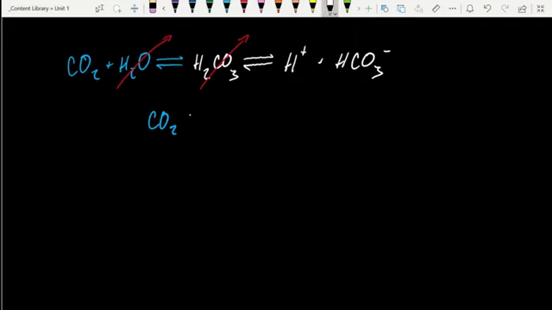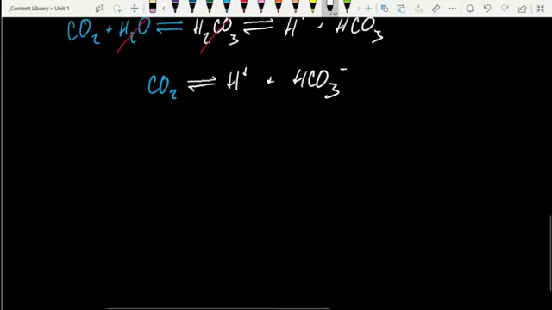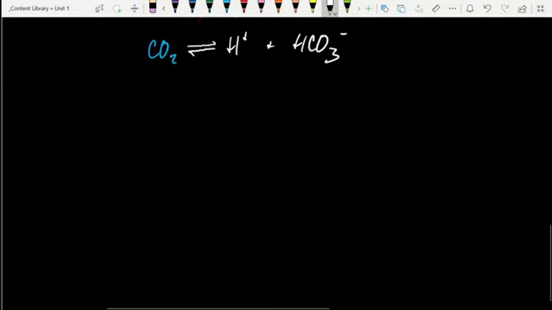Carbon dioxide is in equilibrium with H+ plus HCO3-, bicarb ion. And what we want to be able to do is determine, we've got 6 different possibilities for ways that we can stress this system. We can increase carbon dioxide, or increase hydrogen ion, or increase bicarb ion, or we can flip the whole thing around.